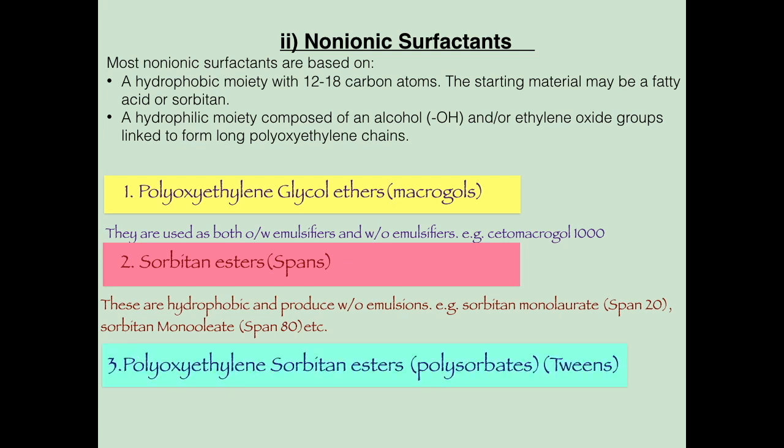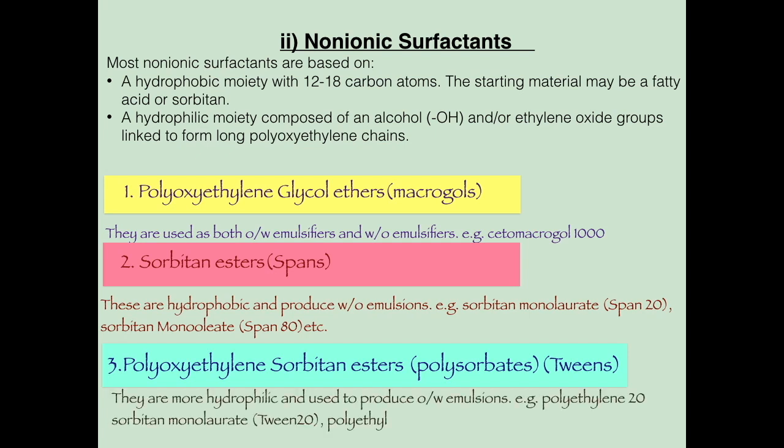Next class is polyoxyethylene sorbitol esters, which are also known as polysorbates, and they are marketed under the name as tweens. They are more hydrophilic and used to produce oil in water emulsions. As you can see, there are more polyoxyethylene groups in these emulsifiers. That's why they are more hydrophilic.